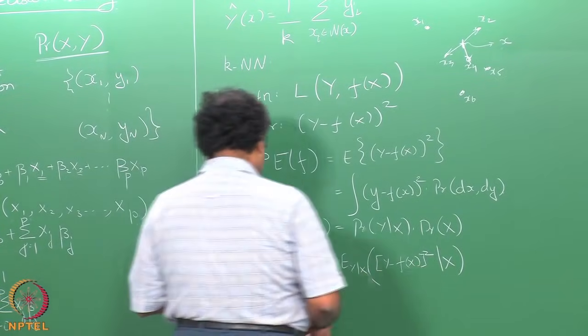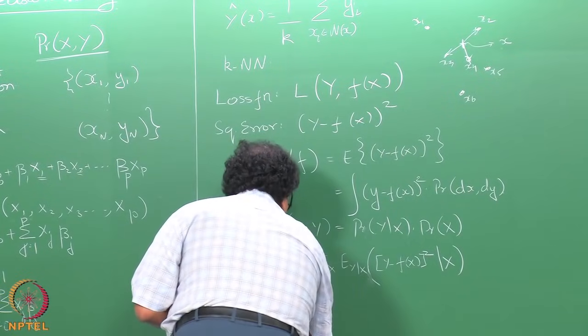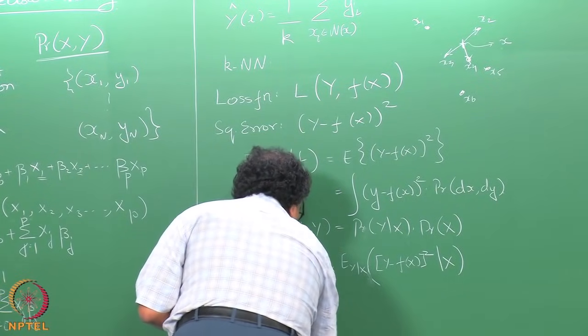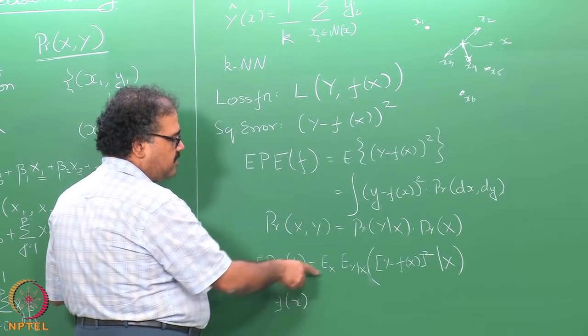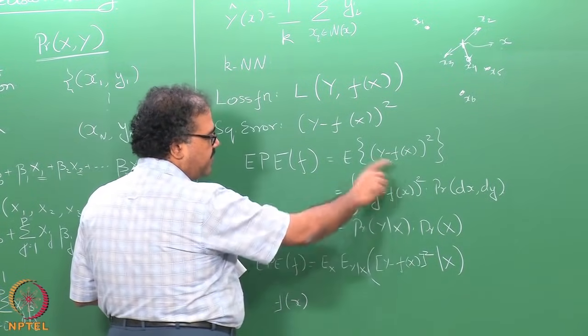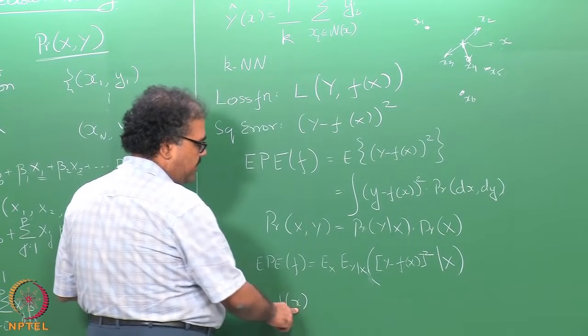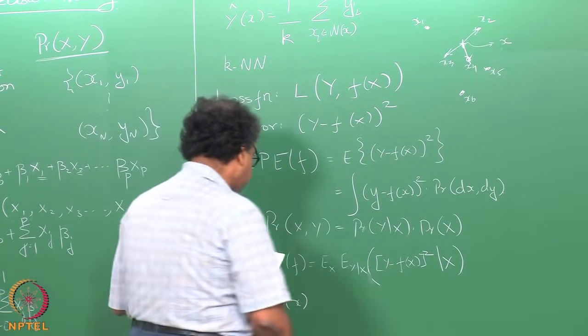So, I am going to write it down like this. For a specific value of x, this is f of x for a specific x. So far I was writing capital X, which is the random variable, but here I am using a specific x.